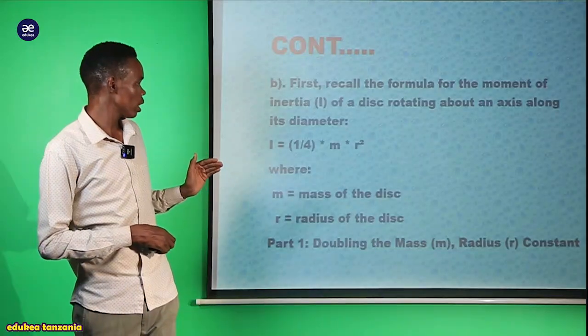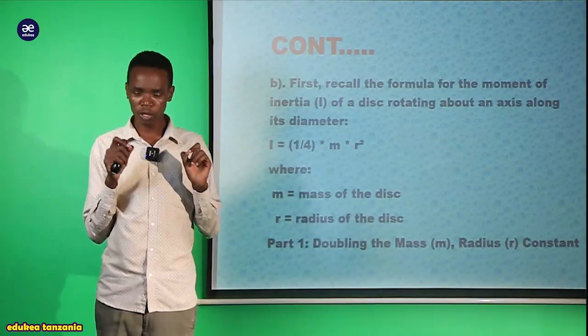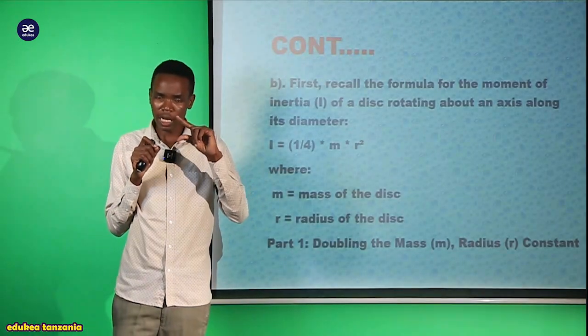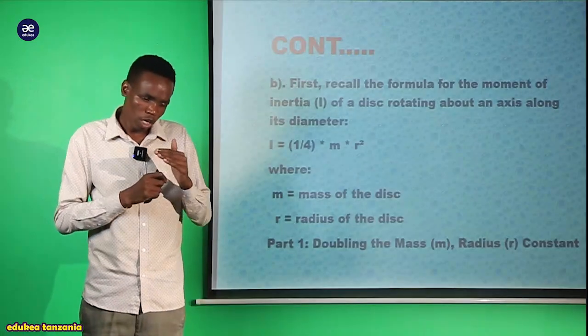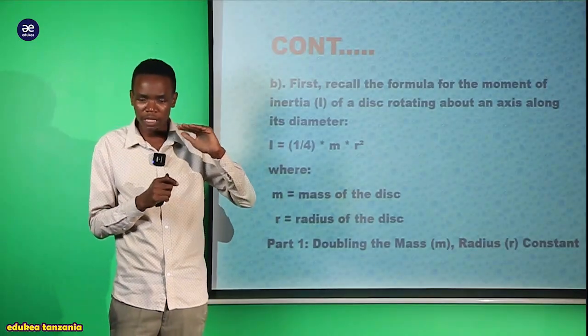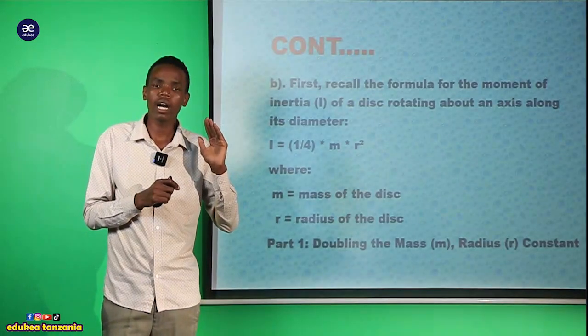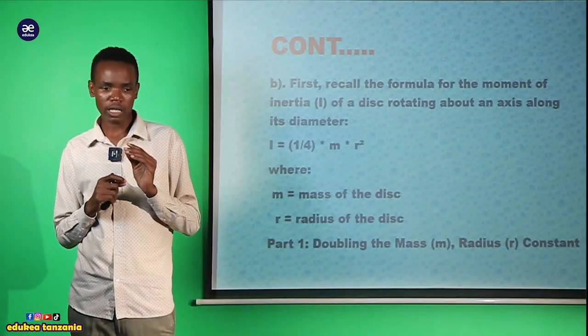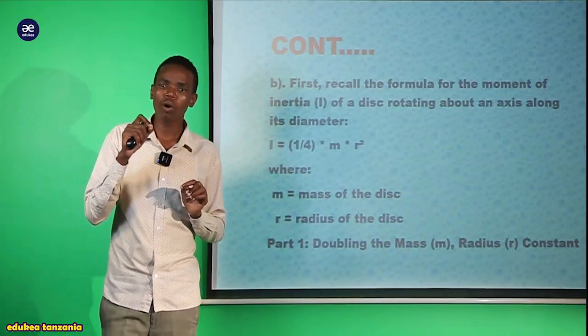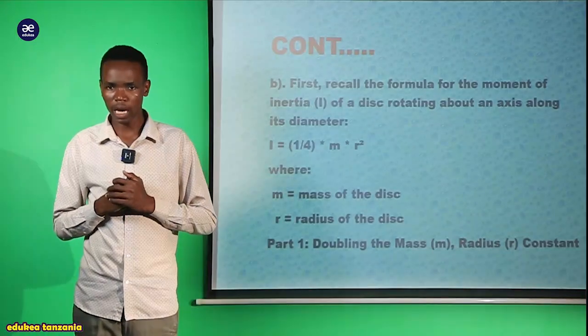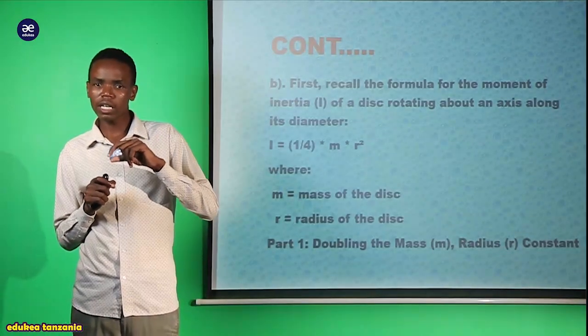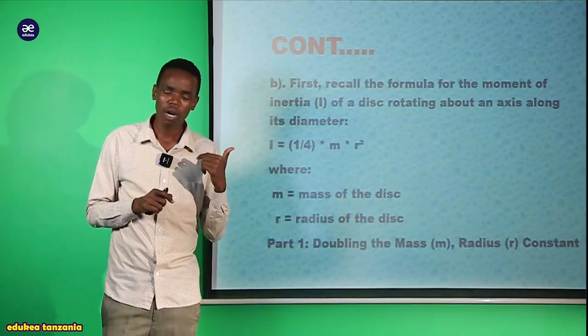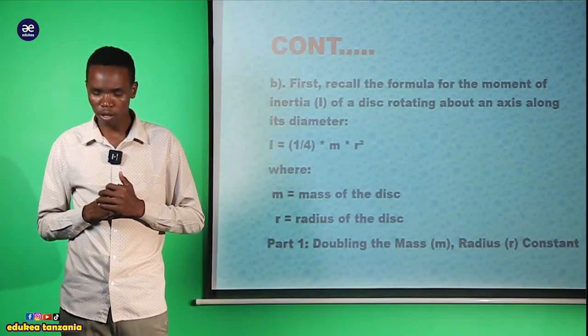If we recall our formula, my dear student, we know that the moment of inertia is directly proportional to the mass. So if the mass changes, the moment of inertia will change. And also we know that the moment of inertia is related to the radius. So if the radius is changed, the moment of inertia will also change.